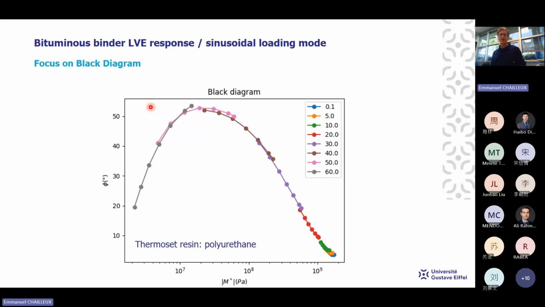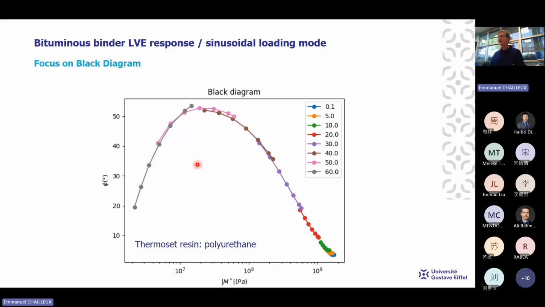So in the previous example, we see that we have materials that behave like a thermoplastic material, so it means they melt and they tend to reach this Newtonian liquid at high temperature. But if we measure this linear viscoelastic behavior on a thermoset resin, like here on polyurethane, we see a very different viscoelastic signature.